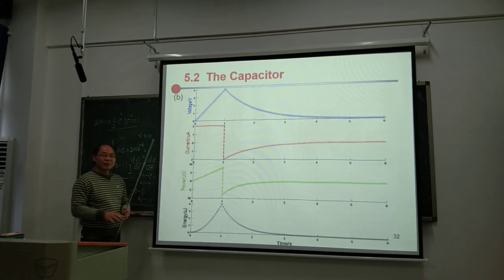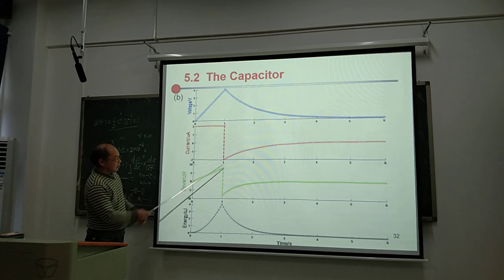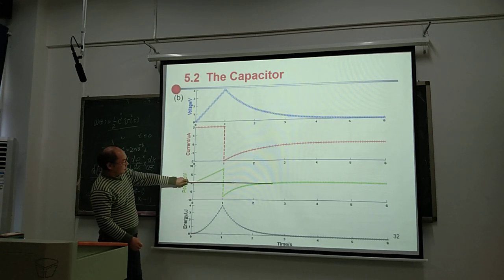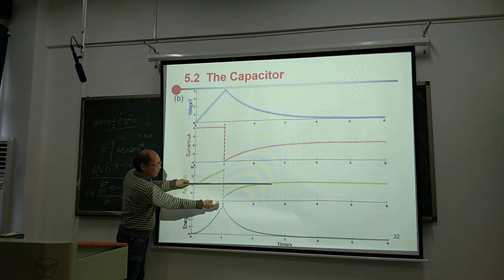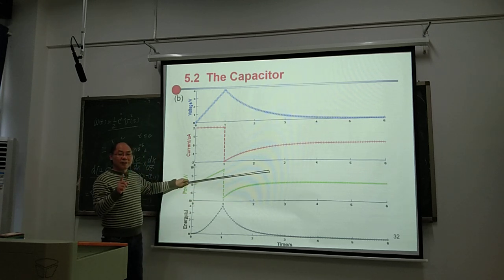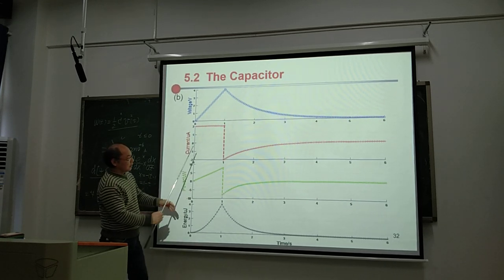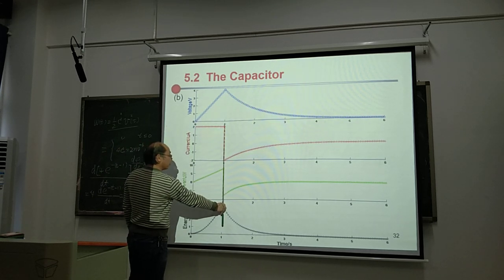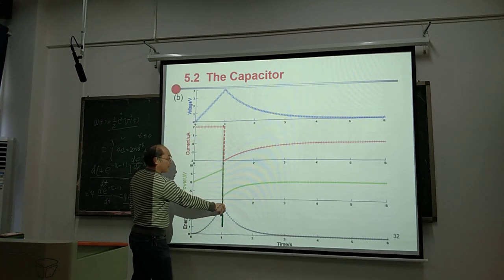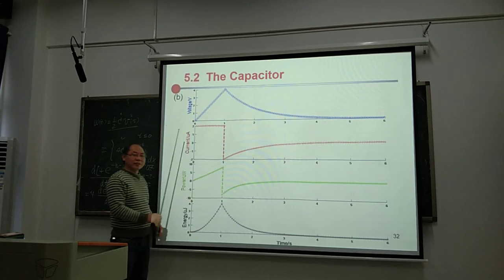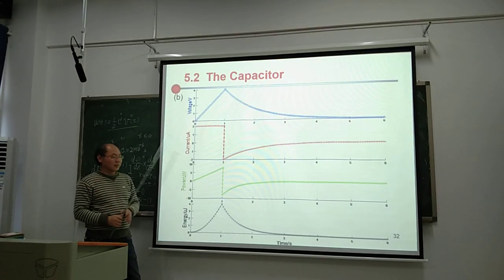Positive means energy is stored in the capacitor. So from 0 to 1, power is positive, and otherwise power is negative. So on the left side, power is stored into the capacitor, and on the right side, power is taken from the capacitor.